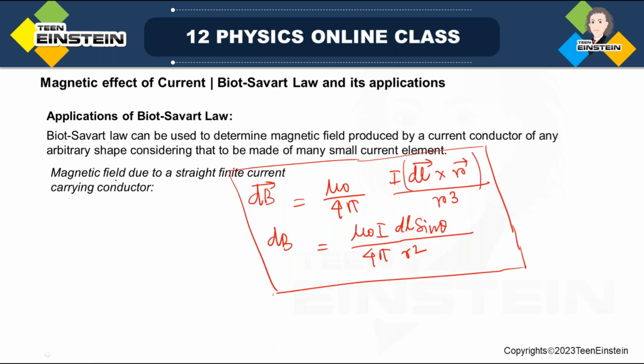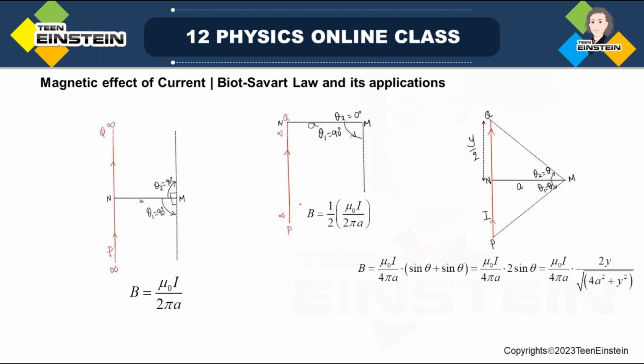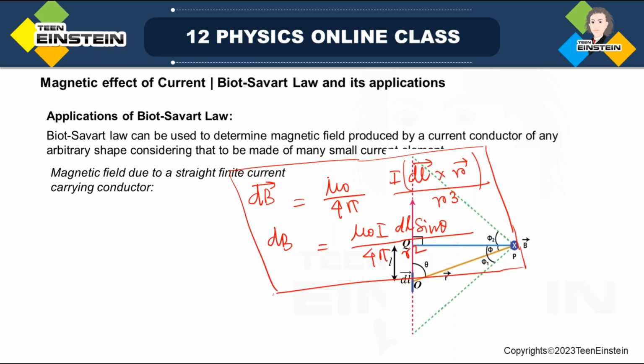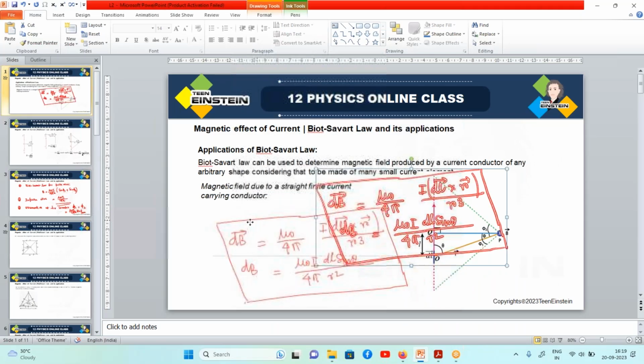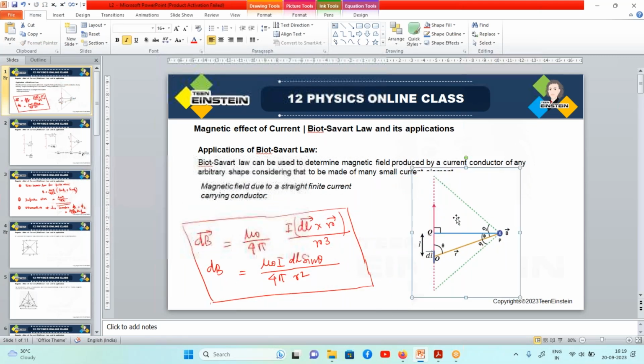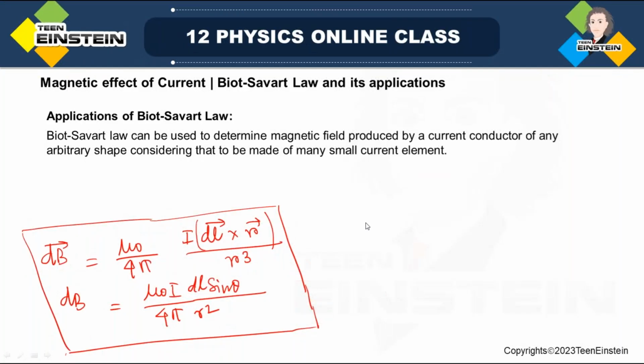Then we had discussed magnetic field due to a straight finite current carrying conductor yesterday. So this particular part I have to keep here. We had yesterday discussed the application of Biot-Savart law, magnetic field due to a straight finite current carrying conductor.